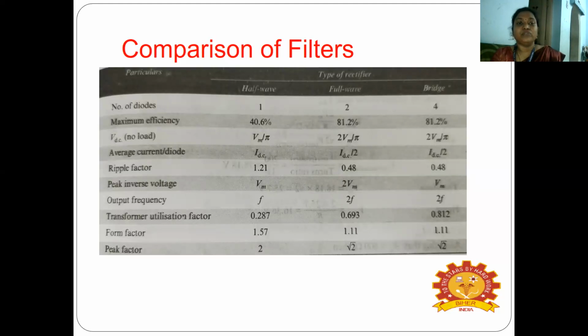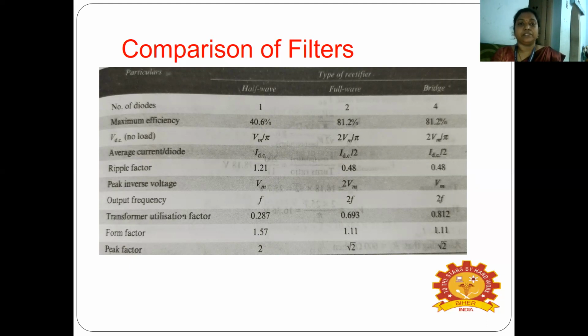And the VDC value is the no load value. For the half wave rectifier you are getting Vm by pi, full wave rectifier 2Vm by pi, bridge rectifier 2Vm by pi, because you know that full wave and bridge rectifier are almost the same.